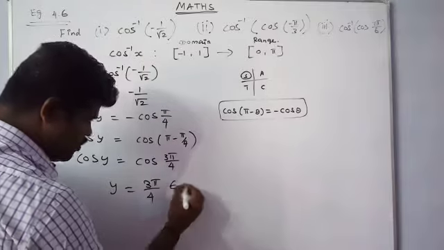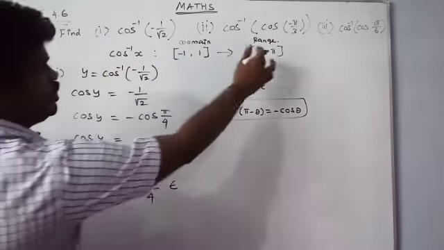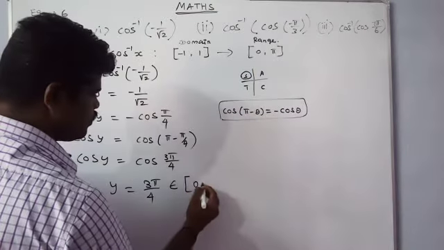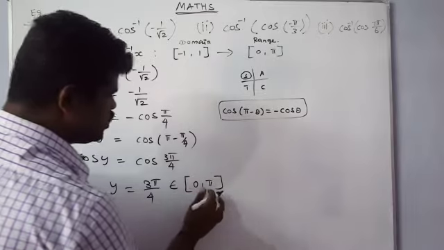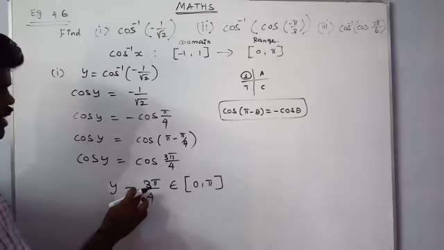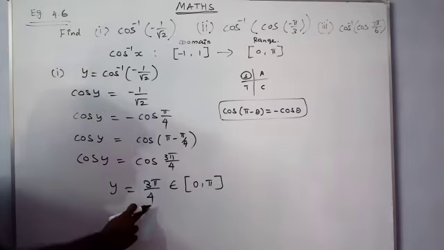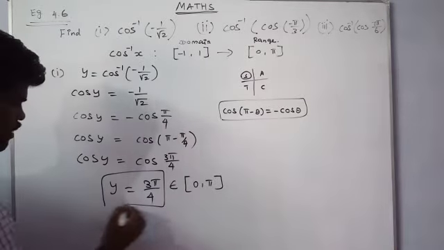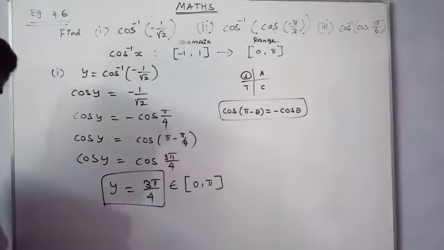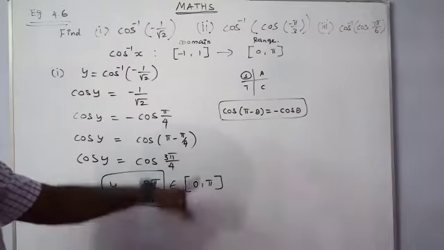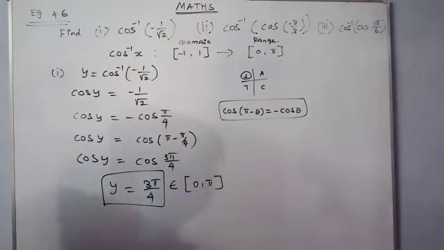The 3 pi by 4 belongs to 0 to pi, because this is 0 to 180 degrees and this is 3 into 45 degrees, that is 135 degrees. So y equal to 3 pi by 4 lies in the range of cos inverse x. This is the value of y for cos inverse of minus 1 by root 2.